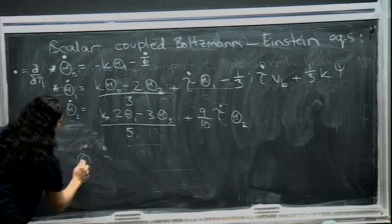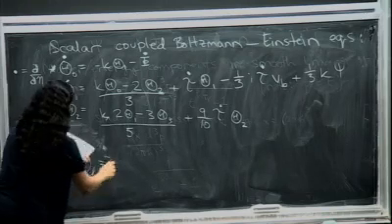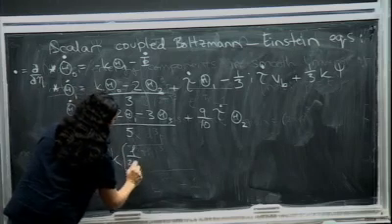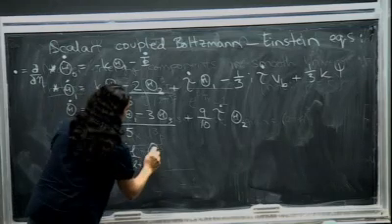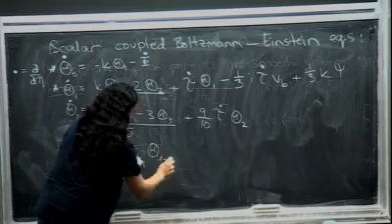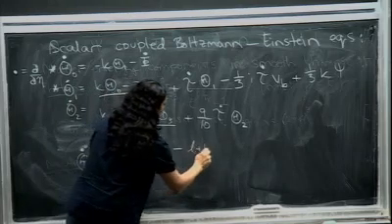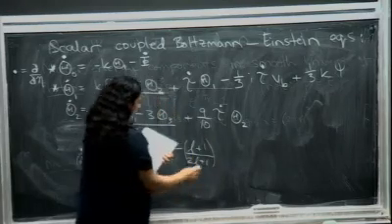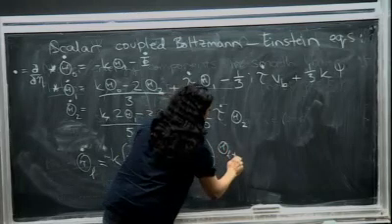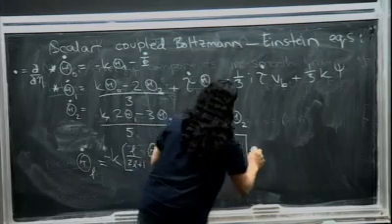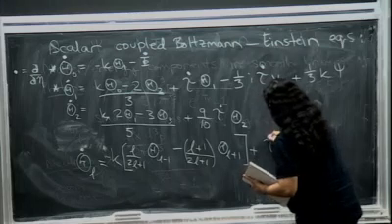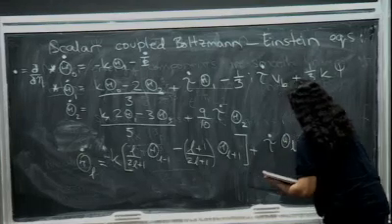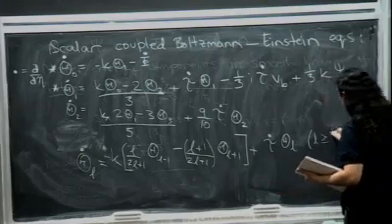And then this guy is going to be L over 2L plus 1 times k times the previous one, theta L minus 1, minus L plus 1 over 2L plus 1 times k theta L plus 1, sorry, plus theta dot, phi L. And this is for all L greater than 3.